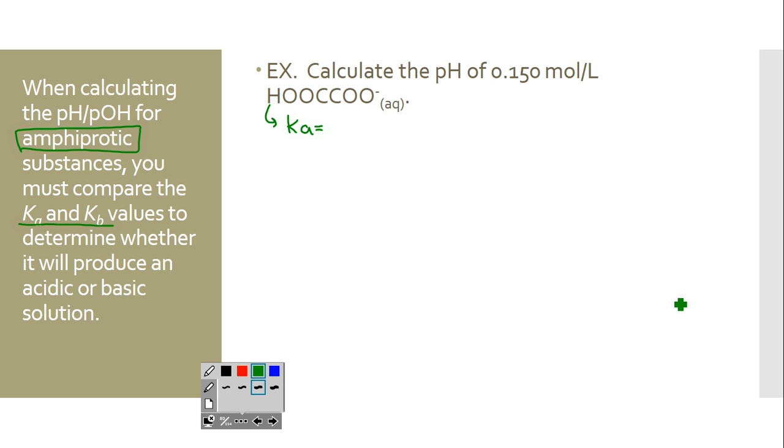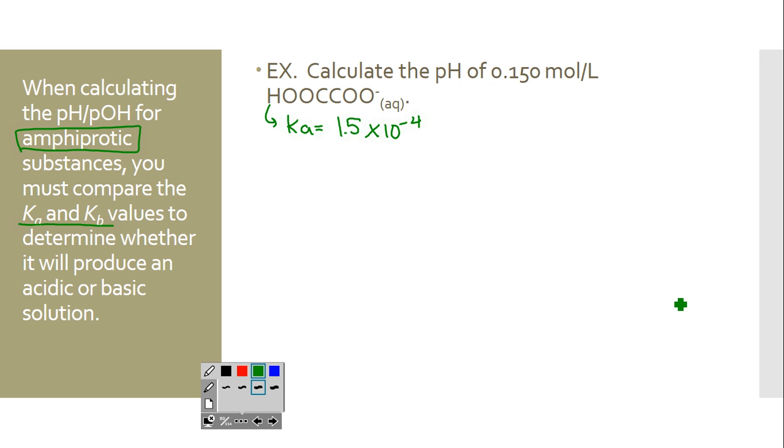It's your hydrogen oxalate ion, and its Ka is 1.5 times 10 to the power of negative 4. And we're interested, would it be stronger as an acid or would it be stronger as a base?